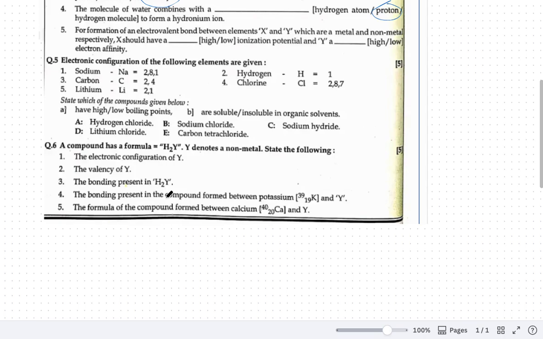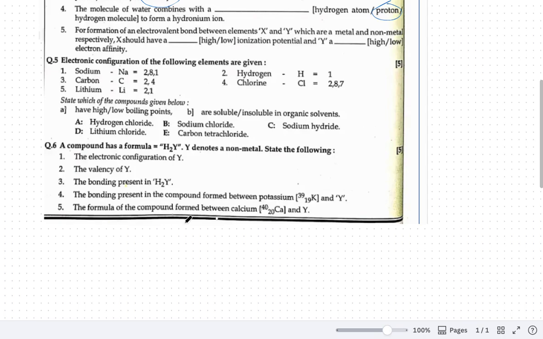The bond present in the compound between potassium and Y. Now potassium is a very strong metal. It's on the left of the periodic table, and Y is on the right of the periodic table, not the extreme right, but it is still a strong non-metal. In that case, we will have an ionic bond.